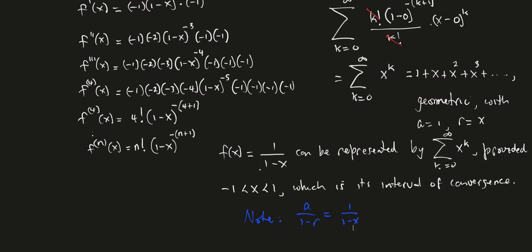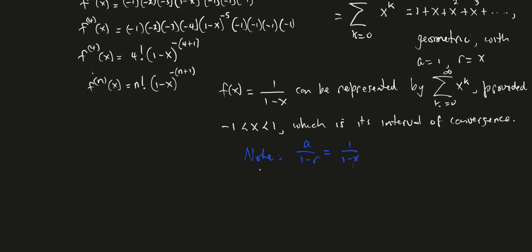So now, I never thought you'd be able to do this, but what this implies is that our function 1 over 1 minus x is actually equal to this power series for, again, values of x between 1 and negative 1. So once we are outside of this interval of convergence, then this equation is no longer true, right?